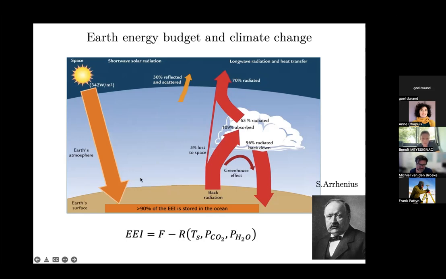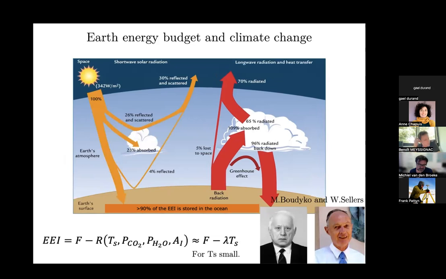And he showed that the majority of this energy, more than 90% of the energy, is actually stored in the ocean. And so this Earth energy imbalance, you can see the equation below, is equal to the forcing minus the radiative response of the Earth, which depends on the surface temperature, of course, but also on the concentration of CO2 and water vapor in the atmosphere.